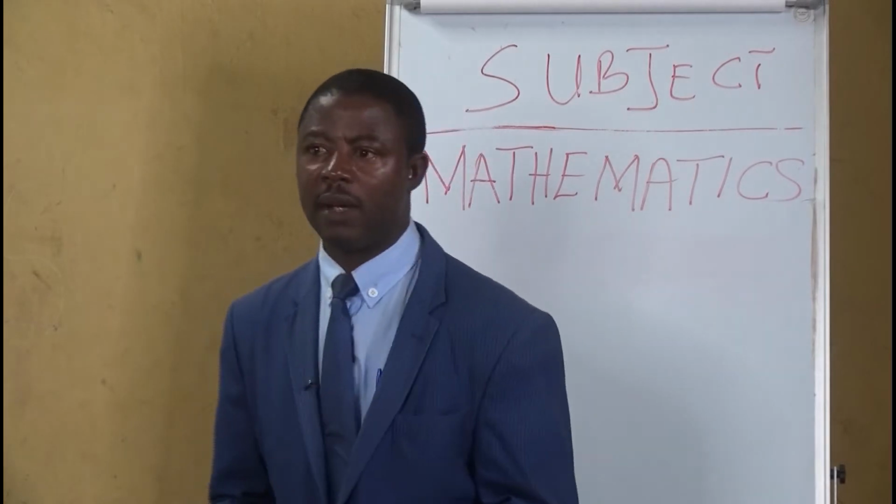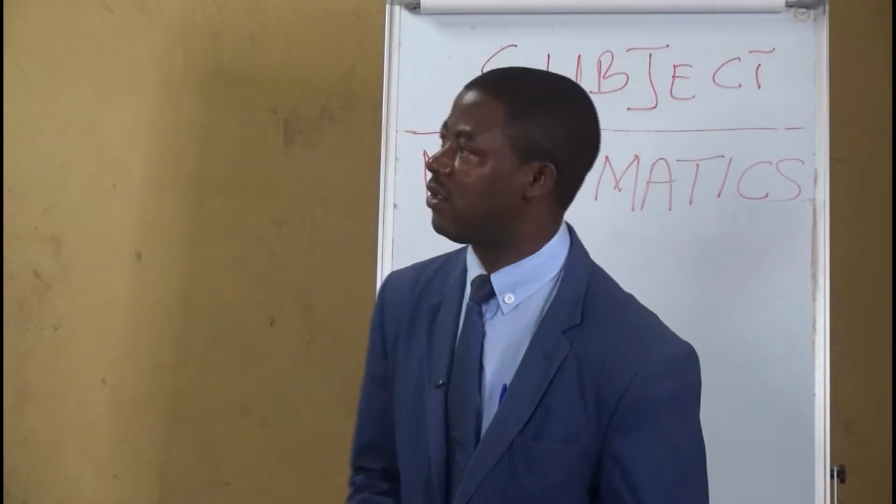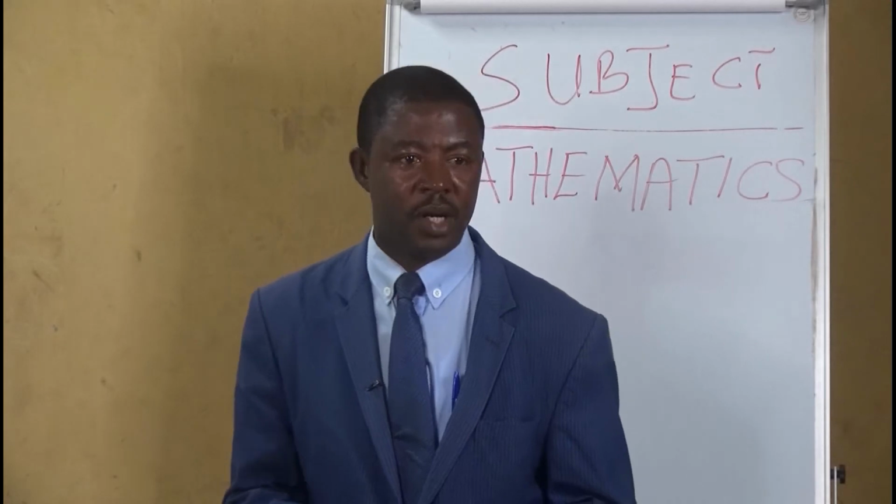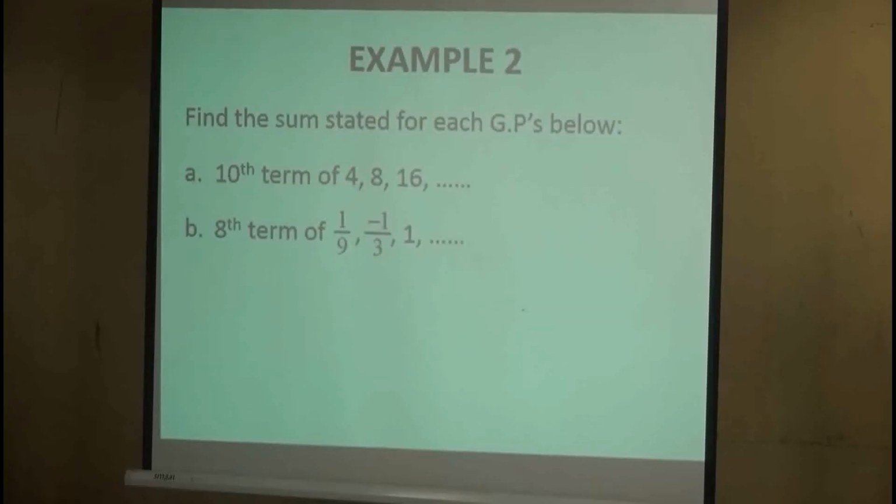Example 2, we are going to cite examples based on the sum of a geometric progression. And so the question goes like this: find the sum stated for each of the following GPs. A. We are expected to find the sum of the first 10 terms of 4, 8, 16, and so on and so forth.